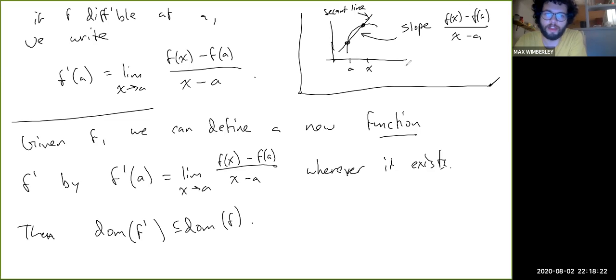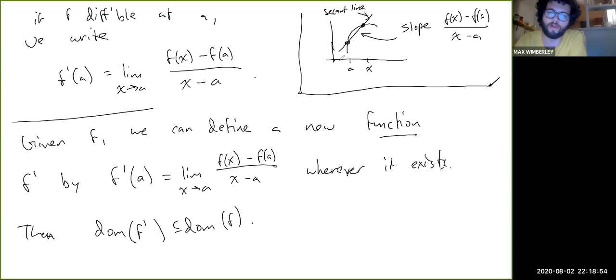And the limit is basically saying, if you let x get arbitrarily close to a and look at the slope of the secant line, if that approaches some number, then that's the number we want to be the derivative. If you look at this visually and imagine this point approaching the other point, the distance between these two intersections is going to go to zero.